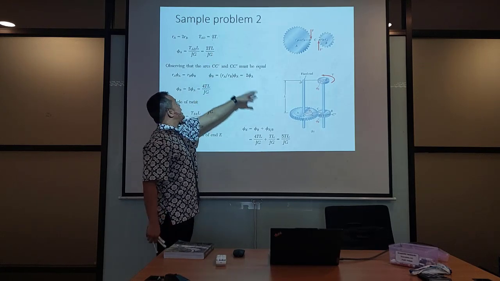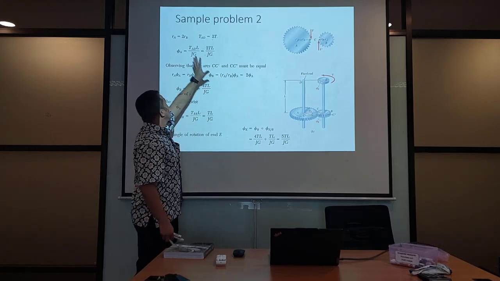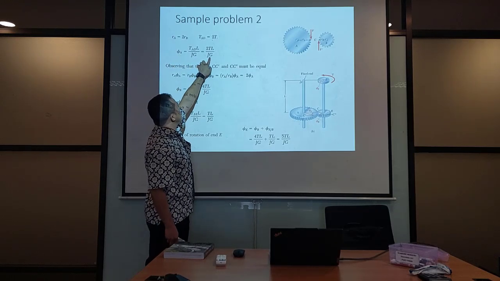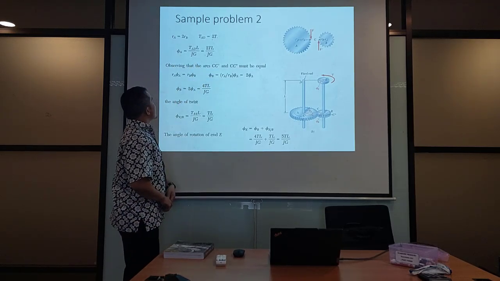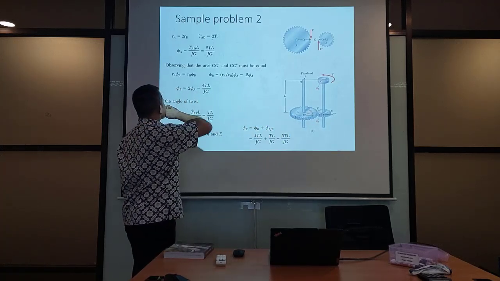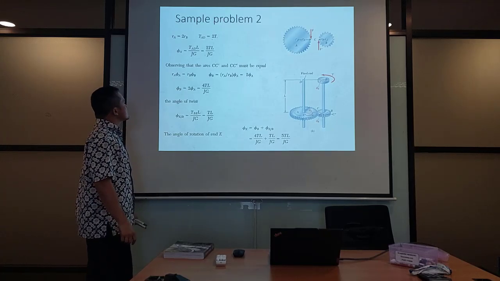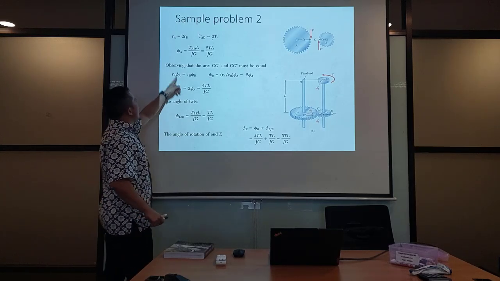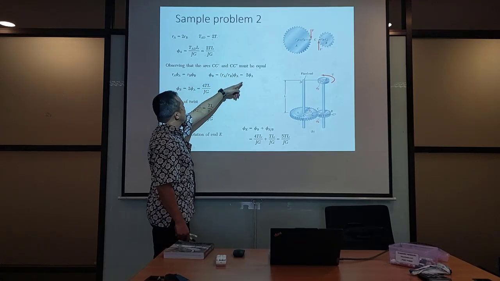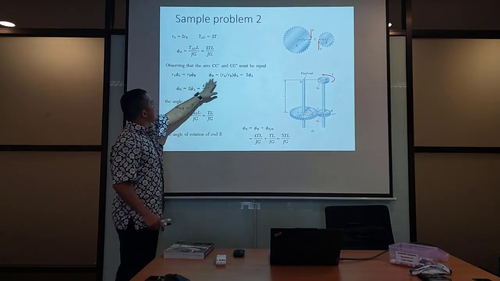The L is the L, JG is the same. So this phi A can be obtained by this equation. That is the twisting angle at A. Observing that the arcs CC' and CC'' must be equal, as I told you, this is the relationship.